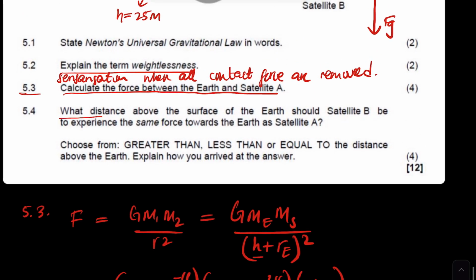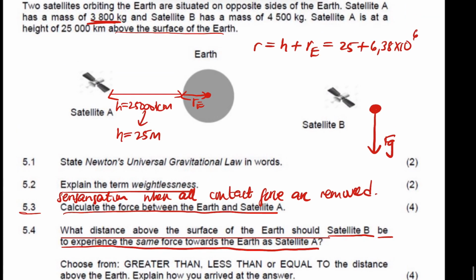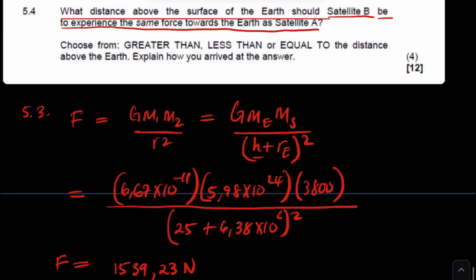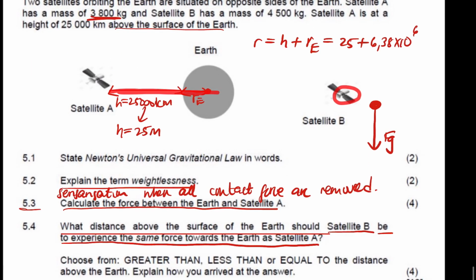Now 5.4 says what distance above the surface of the Earth should the satellite be to experience the same force as satellite A. So guys, here we have satellite B. In order for satellite B to experience the same force that is experienced by satellite A, what is the distance that it should be?